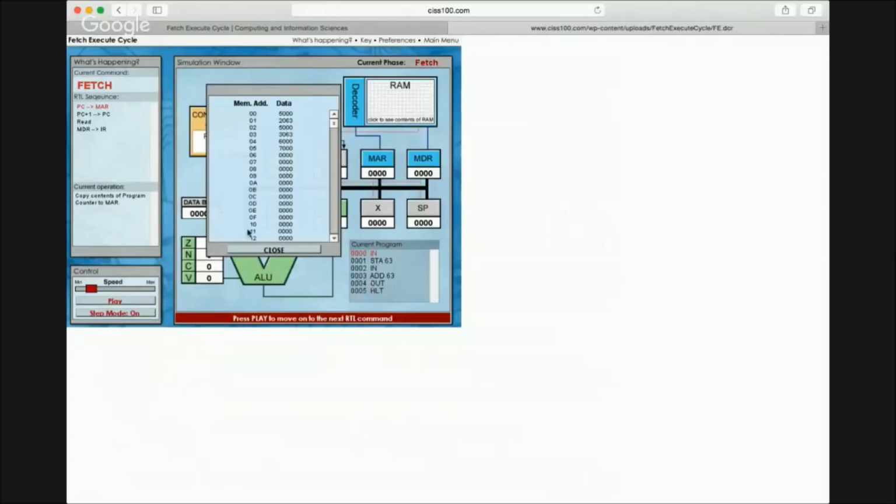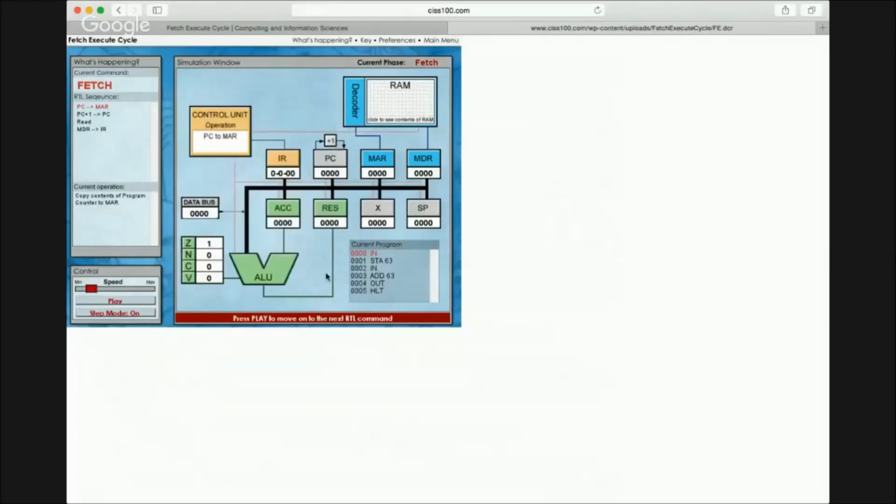And again, if I look at my memory addressing, 0, 1, 2, 3, 4, 5, 6, 7, 8, 9, A, B, everything here is represented in hex. It's actually represented in binary, but for us humans, we don't deal with binary very well. So everything is represented in hexadecimal.